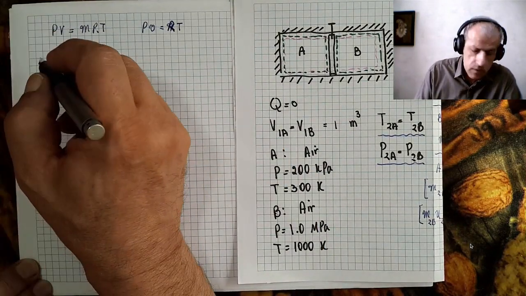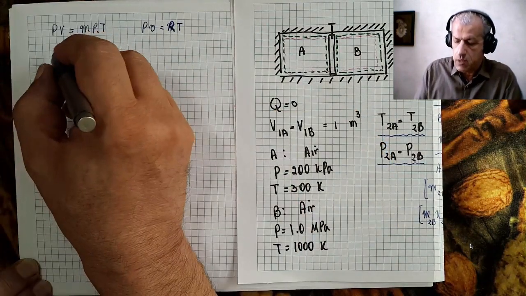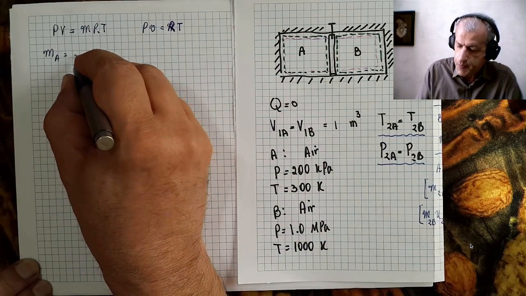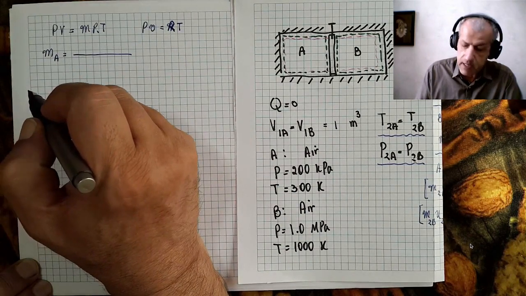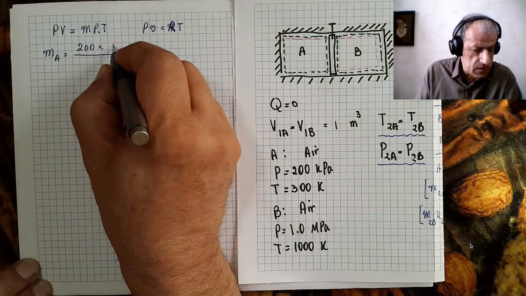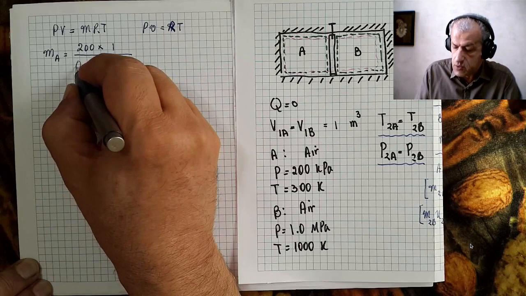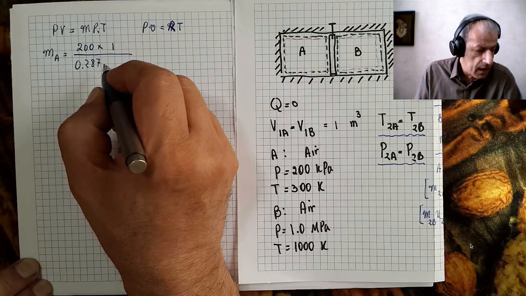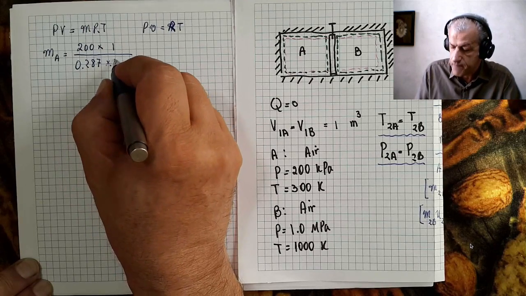So for writing this equation for A, mA would equal PV divided by RT, and that's what happens in A. P is 200 kilopascals times V, which is 1 cubic meter, divided by R, which is 0.287 kilojoules per kilogram Kelvin for air, times temperature, which is 300 kelvins.